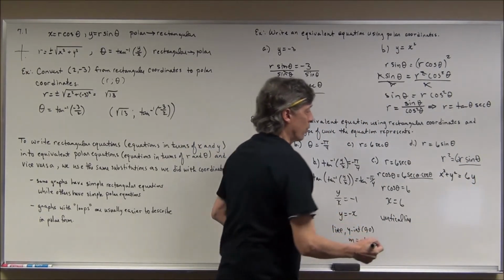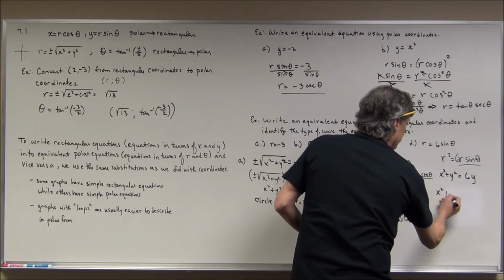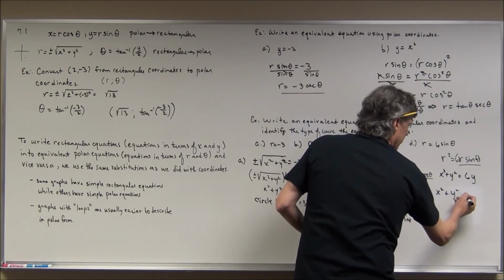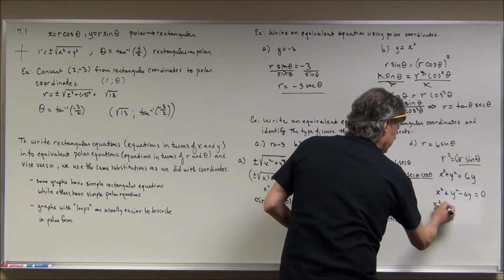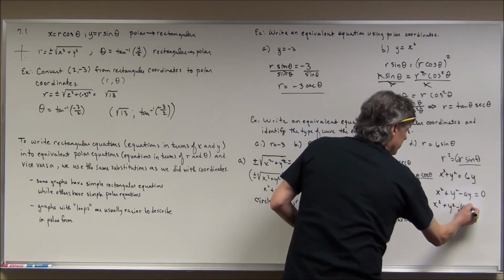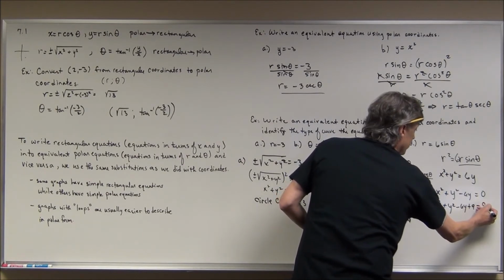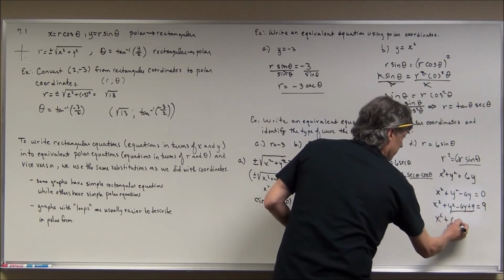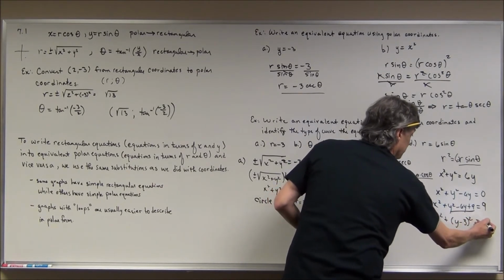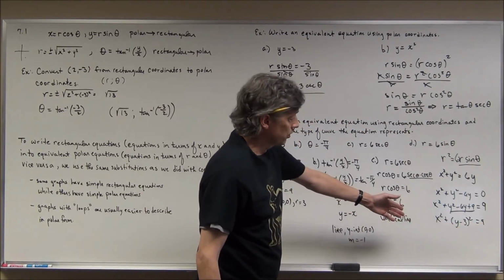If I subtract 6y from both sides, I get x squared plus y squared minus 6y equals 0. If I add 9 to both sides and complete the square, I would get x squared plus, this is a perfect square trinomial, y minus 3 quantity squared equals 9. Well, that's the equation of a circle.